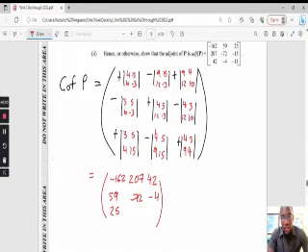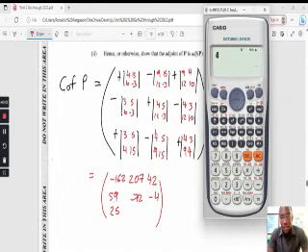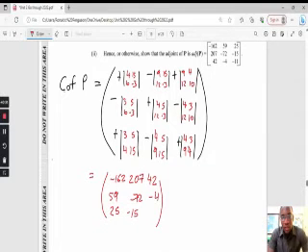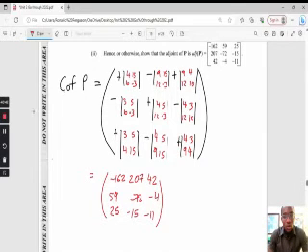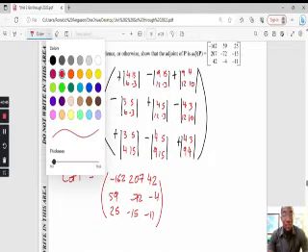Then 4 times 15 is 60, and then we subtract 9 times 5, that's 15, so negative 15. Then now 4 times 4 is 16, and then we subtract 9 times 3, so that's minus 11. That's cofactor P. Now once you get cofactor P, you need to find the adjoint.